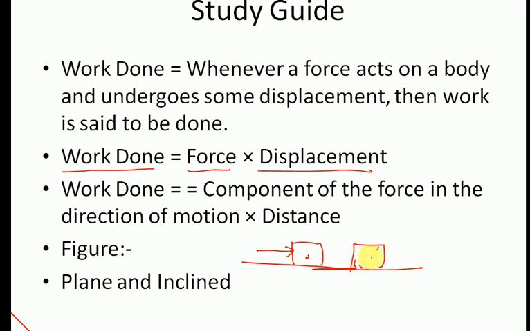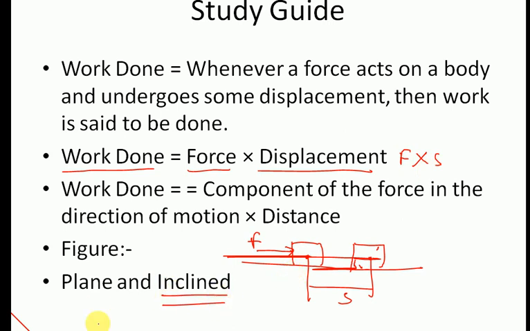So there is a displacement of the center of the body. This is S and the force applied is F, so F into S. What is the work done? Work done is equal to F into S.